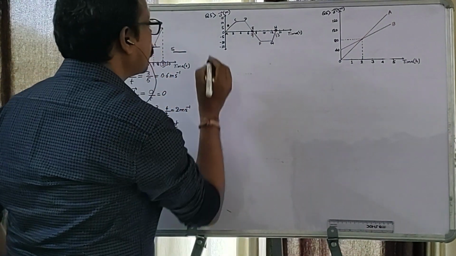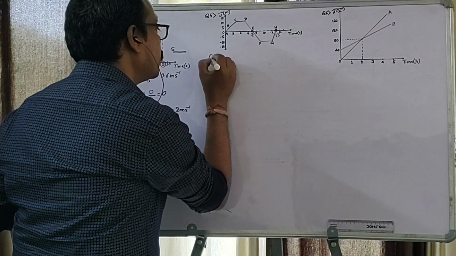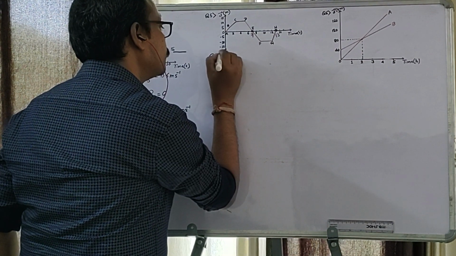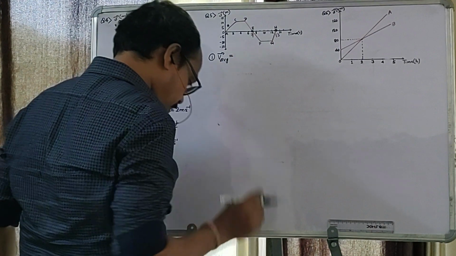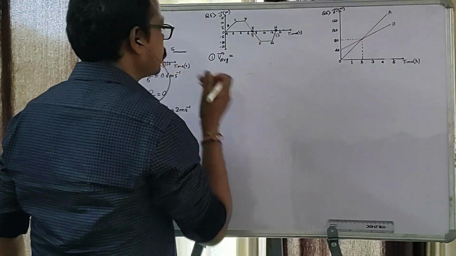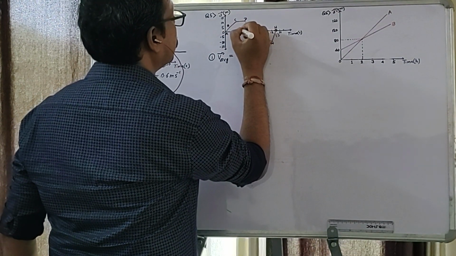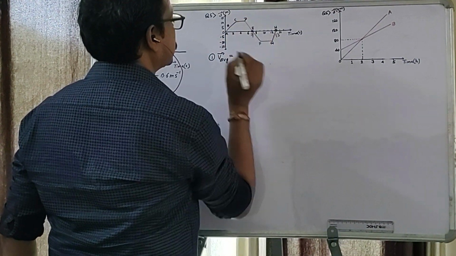So it is part 1. Find the average velocity in the first 4 seconds. Okay. In the first 4 seconds, it is somewhere crossing this, right?